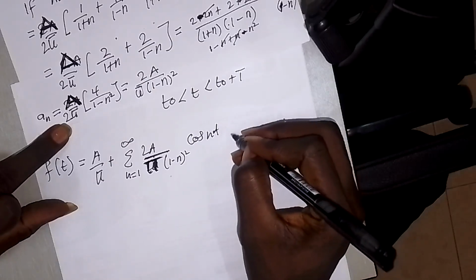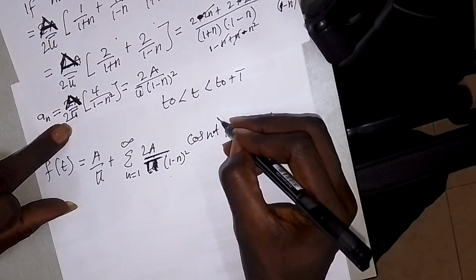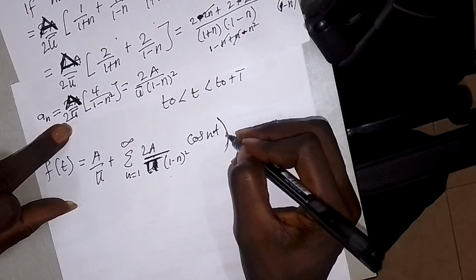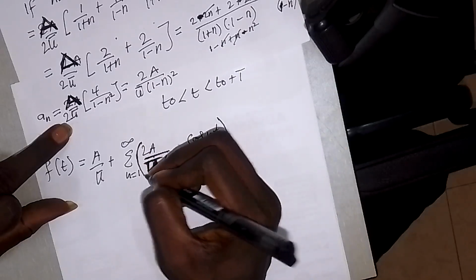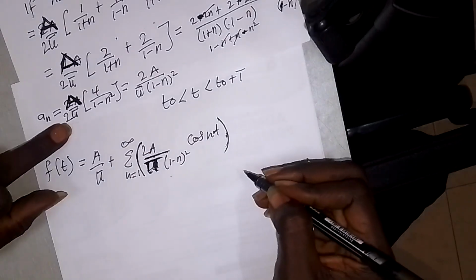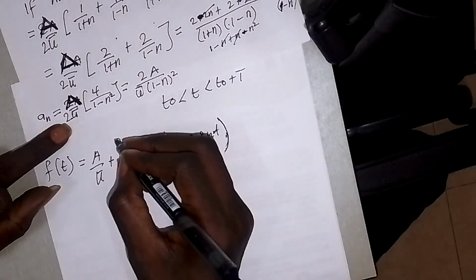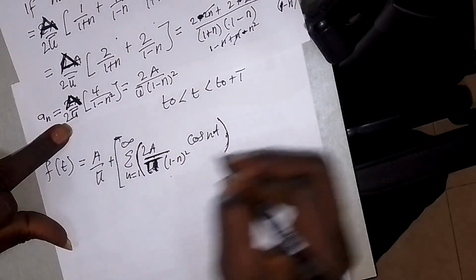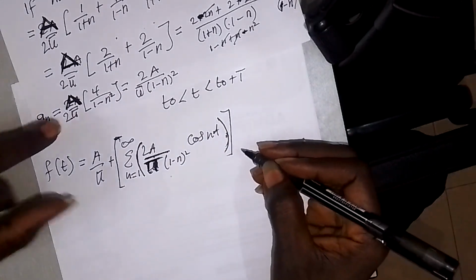Then we got bn. But actually our bn was not a summation, because the bn we got was b1. Let me write it here like this, just to show you that the b we got was not bn, it was b1.